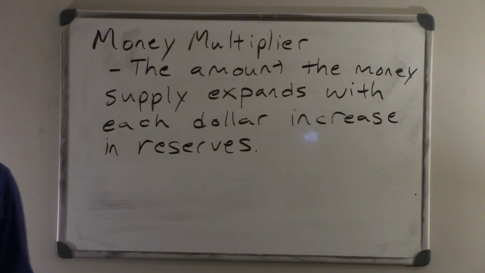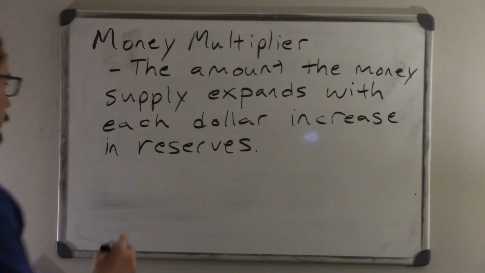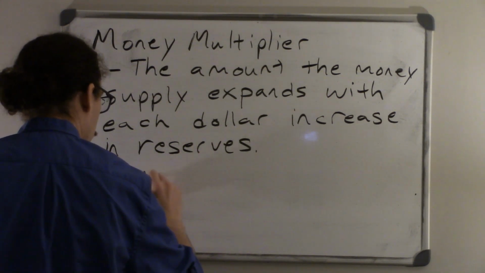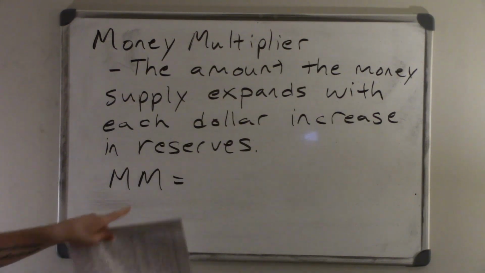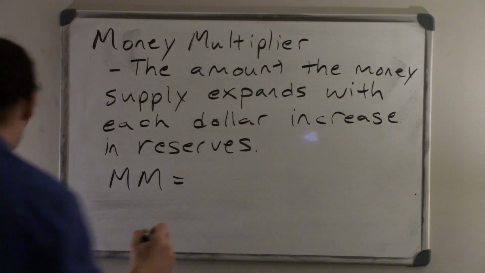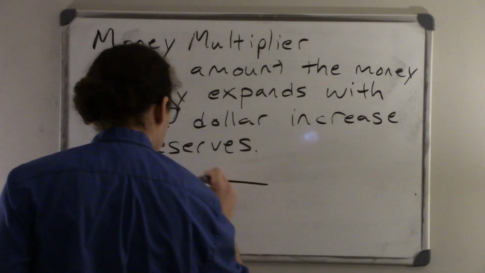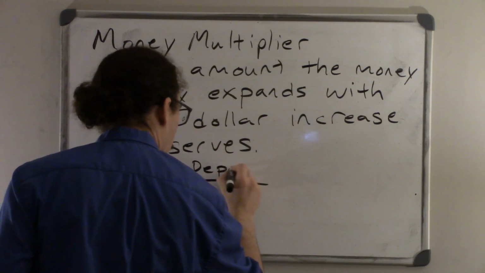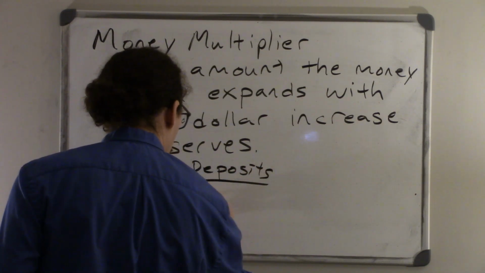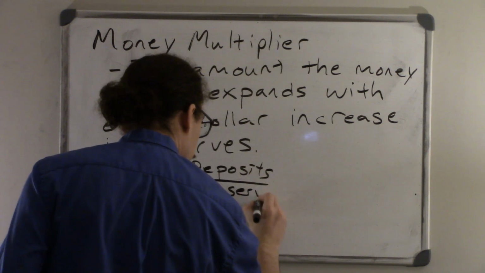It's also the inverse of the reserve ratio. So MM, our money multiplier, is deposits over reserves.